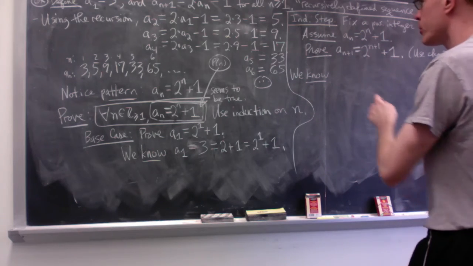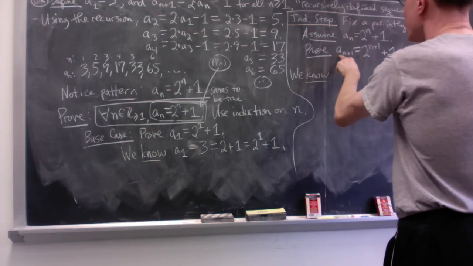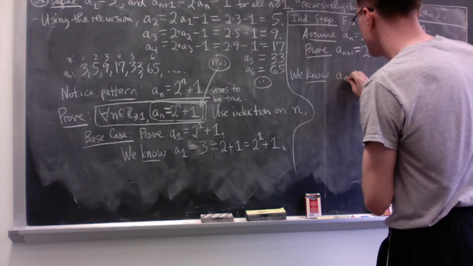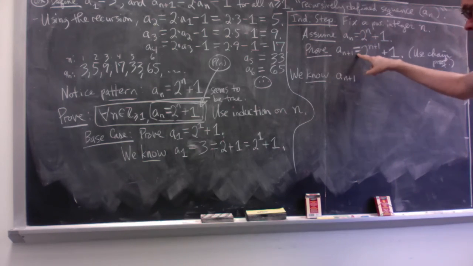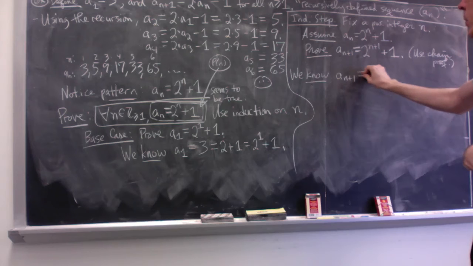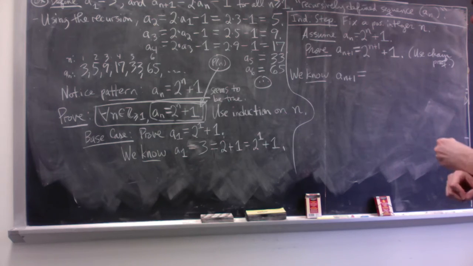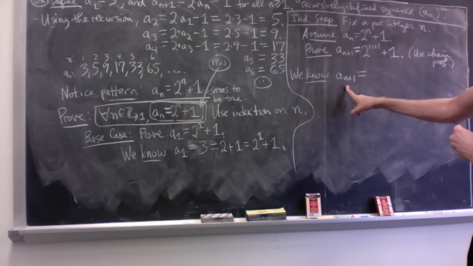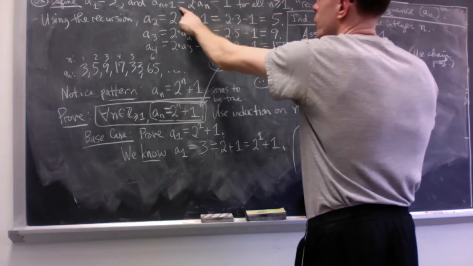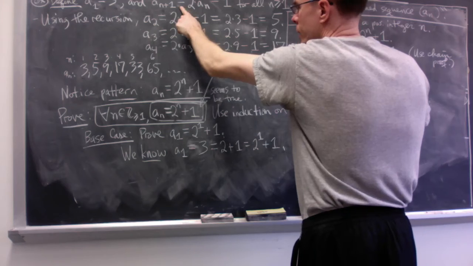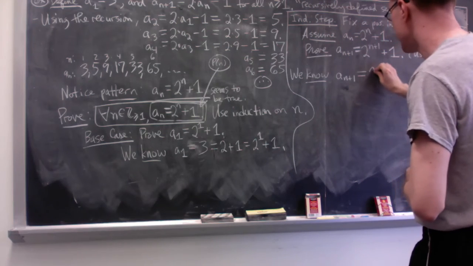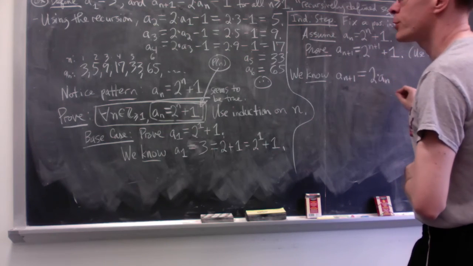That wouldn't be allowed. All right, so here we go. So we don't know this. This is the goal. What do we know? We know nothing about this, a n plus 1, at the moment, except the definition. It's the only thing we know, the recursive definition. So that's basically the only thing we could say to get the chain going.